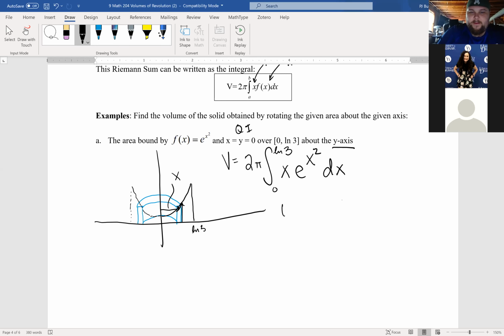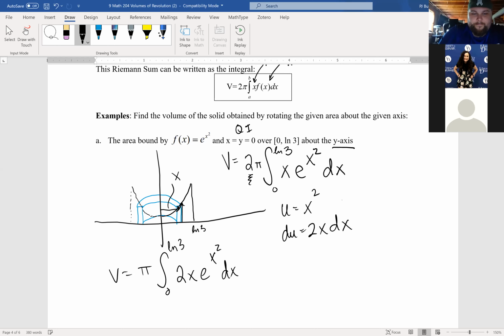Looks like if we let u equal x squared, du is going to be 2x dx. One thing I can do is steal this 2 from out here and pull it back inside.